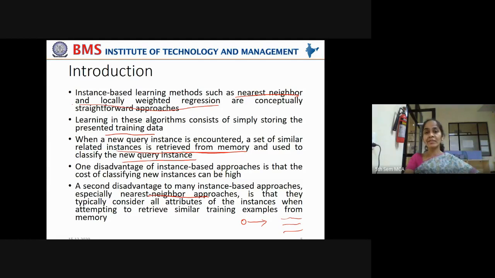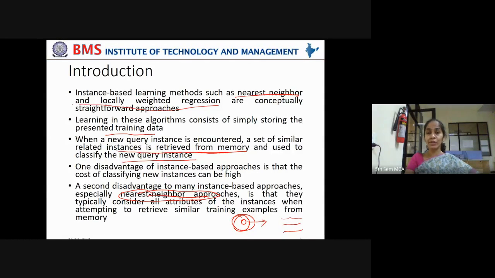In this approach, all the attribute values are compared with the new instance's attributes, not only the significant attributes but also the unimportant ones. Because of comparing all the attributes, sometimes even similar points may not fall into one particular class. Did you understand?